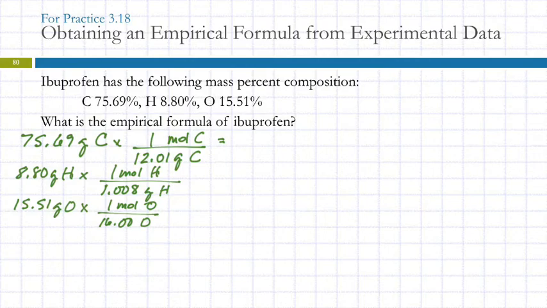So here, my starting masses had 3 or 4 sig figs, and so I want to keep several here. 8.8 divided by 1.008 is 8.7301. 15.51 divided by 16 is 0.9694.